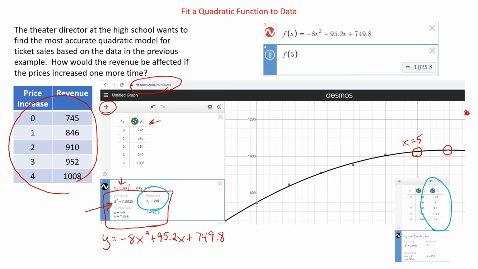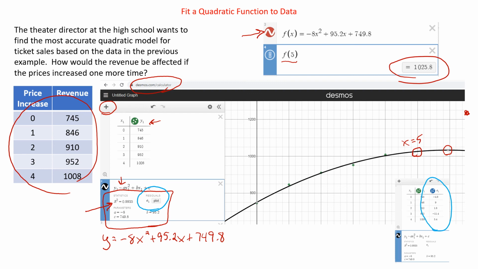If you plug in f of x equals the equation, then on the next line you just do f of 5, and it gives you the answer. So if we increased it by another $1, our revenue would be $1,025.80.